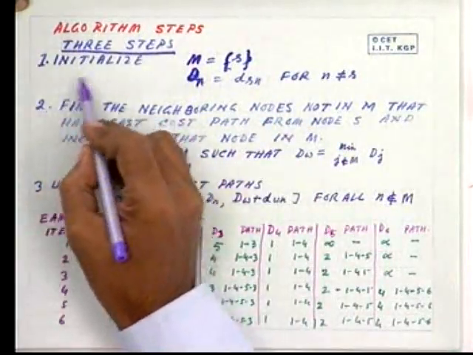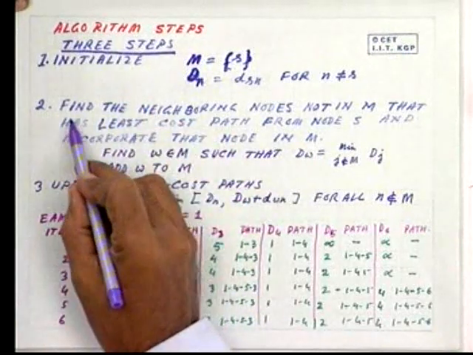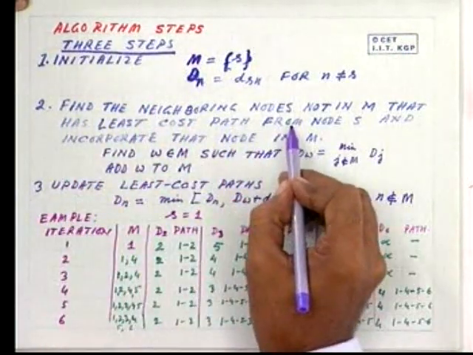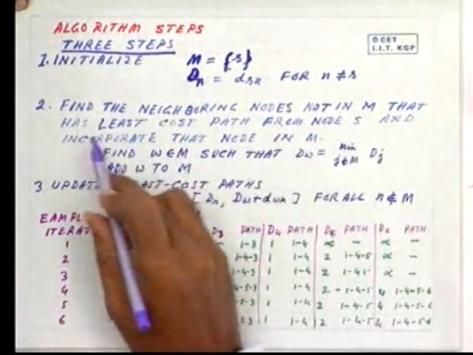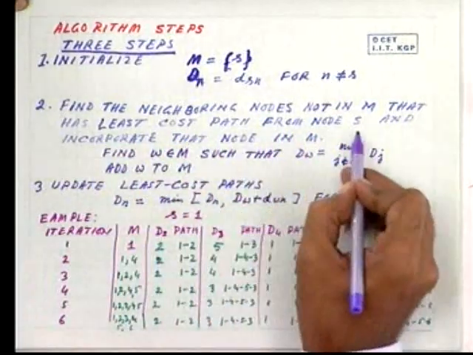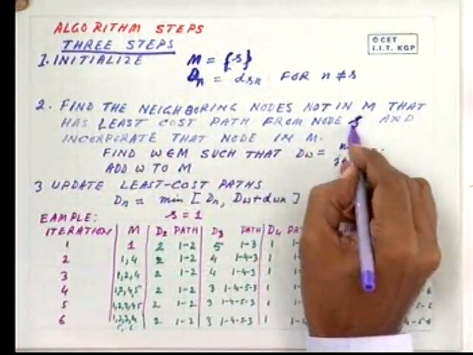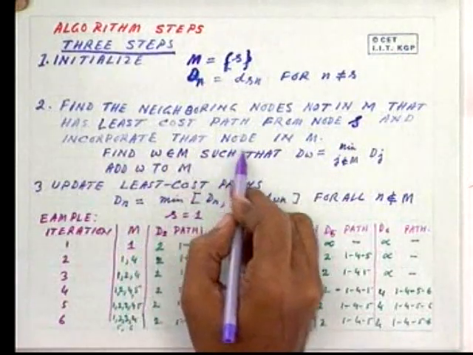Now, after this initialization, it finds the neighboring node not in M that has the least cost path from the node S, and incorporates that node in M.